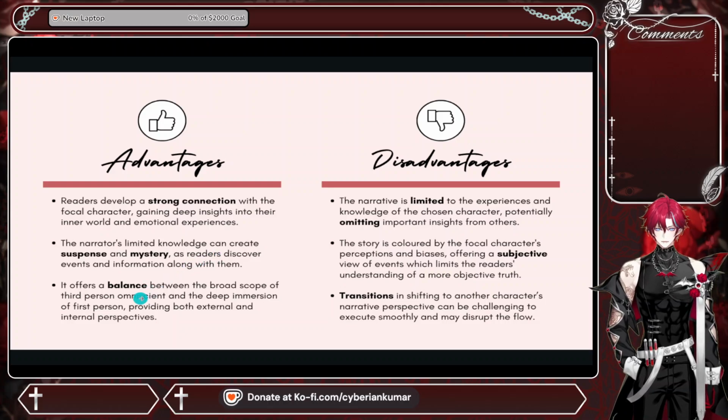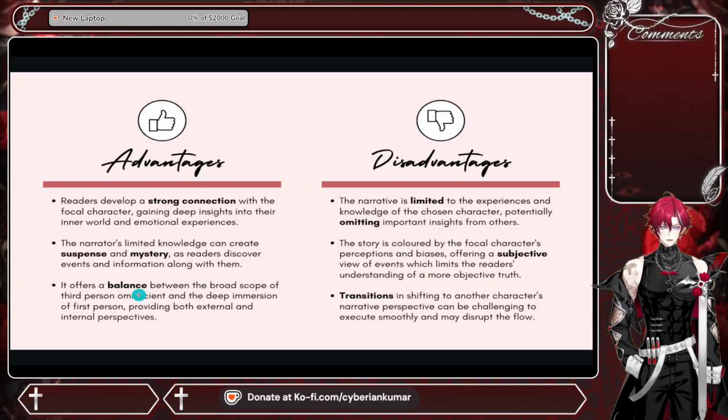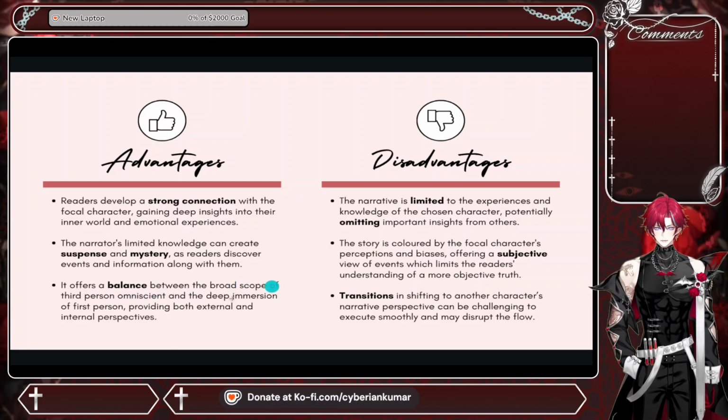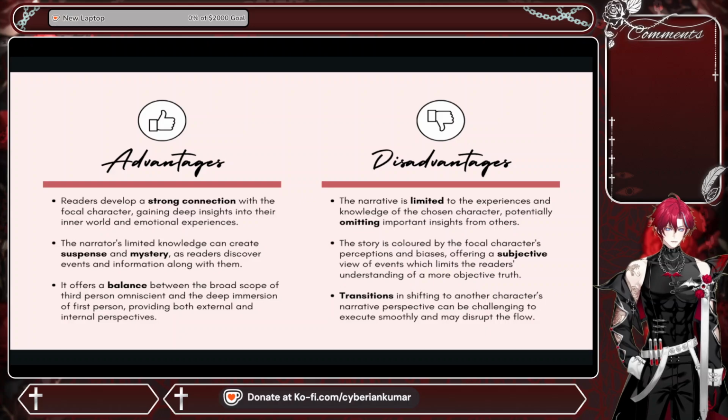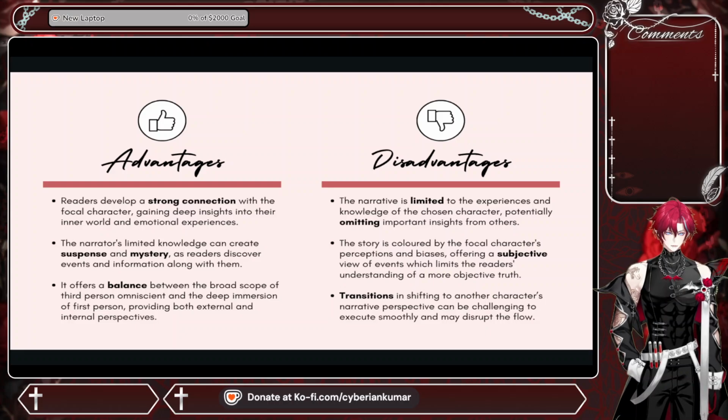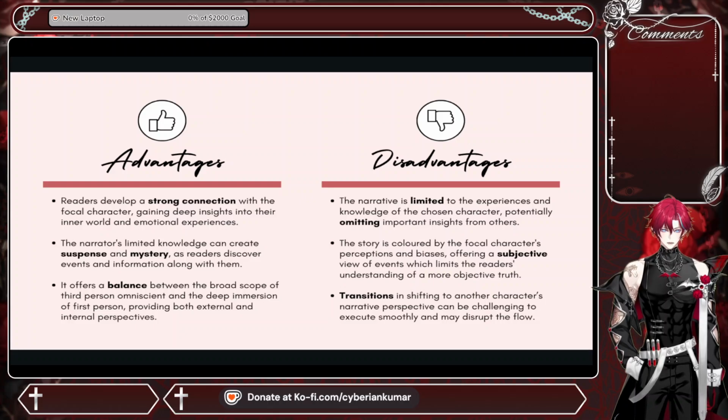Now, the third advantageous point is that it offers a balance between the broad scope of third person omniscient and the deep immersion of the first person, providing both external and internal perspective. You're not limited to a first person perspective, so you don't get those biased or one-sided views of things, but you're also not getting that omniscient view of knowing everything and what is happening and where it is happening at the same time.